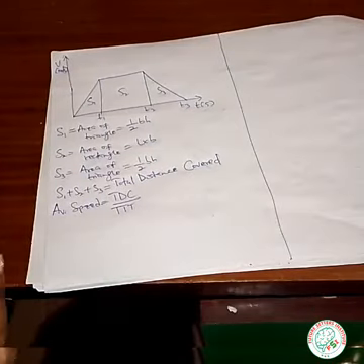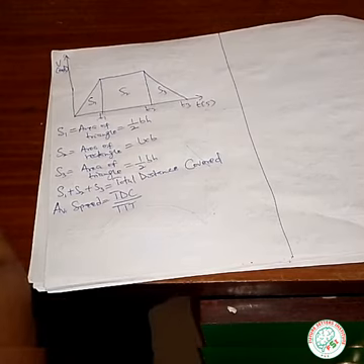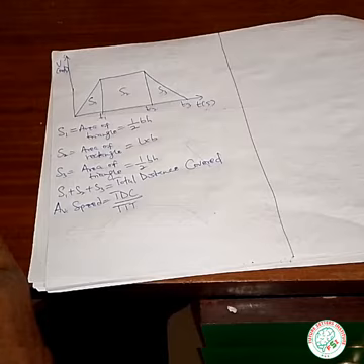Whatever time it takes to complete this full velocity time graph, we are going to work with it to get our average speed. You understand? So let's try out a question in this regard.